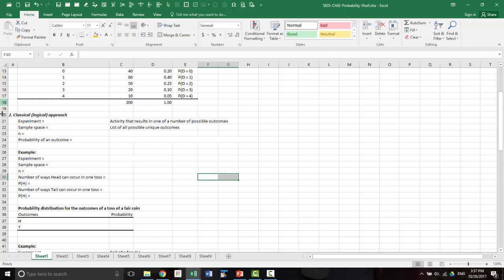Now n is the number of outcomes in the sample space. So the probability of a given outcome in that experiment, if it is just one outcome, then it will be 1 over n.